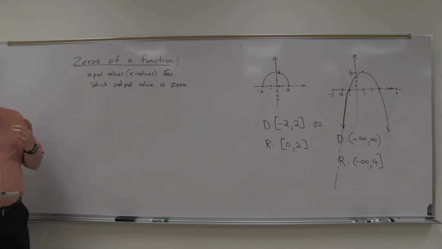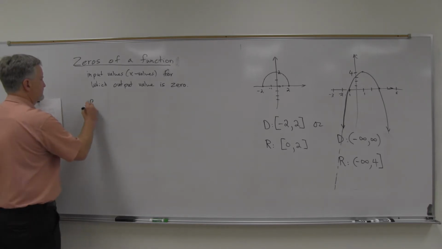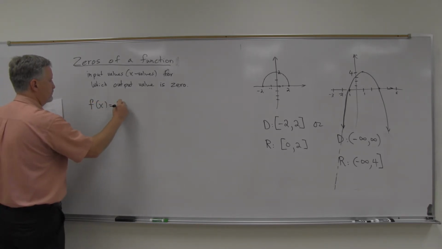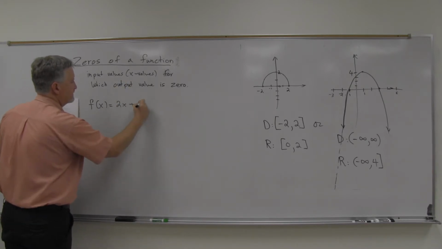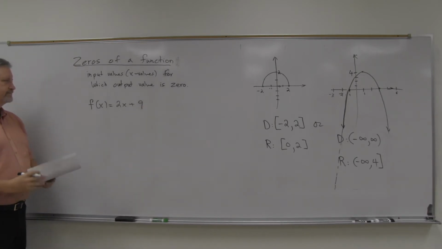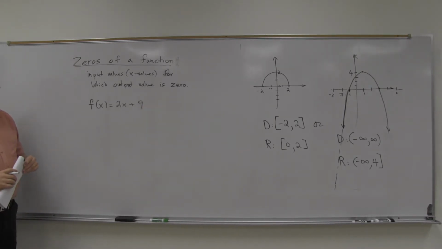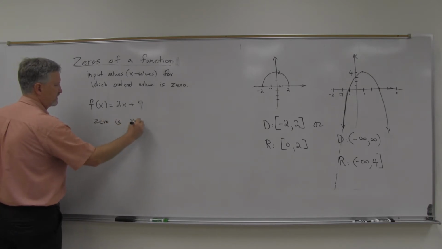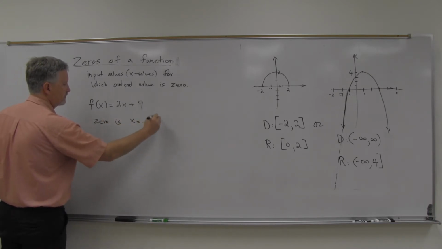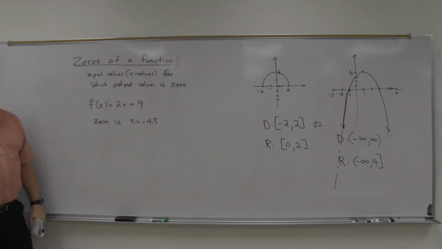So to make a zero a function, the function value is 0. For example, f of x equals 2x plus 9. The zero of this function is x is negative 4.5. Why is that?